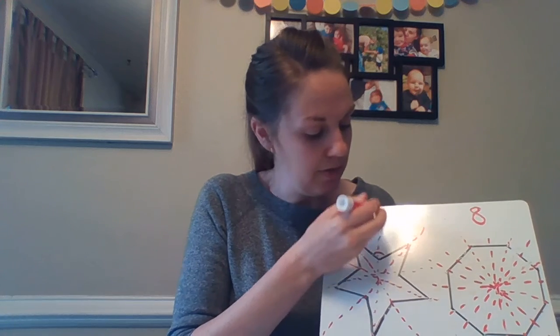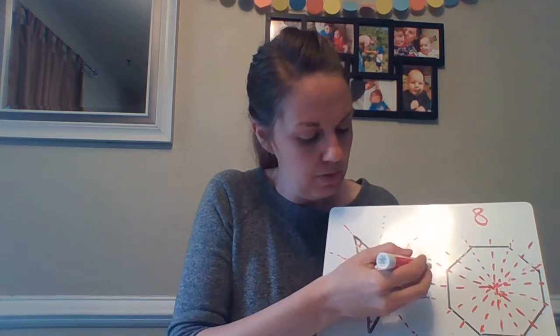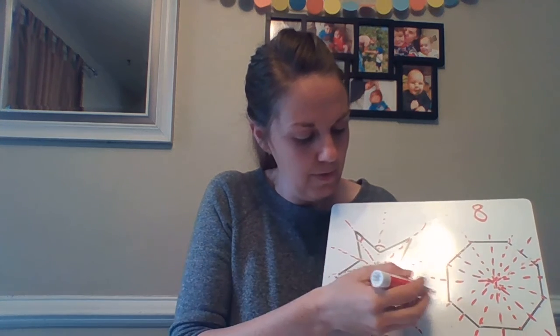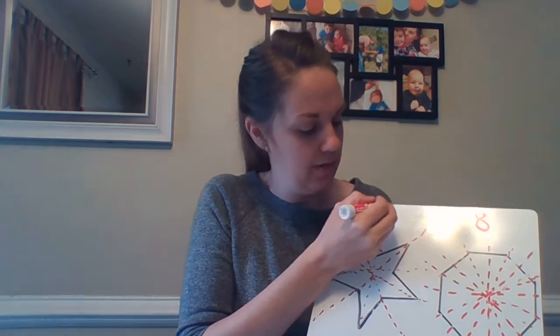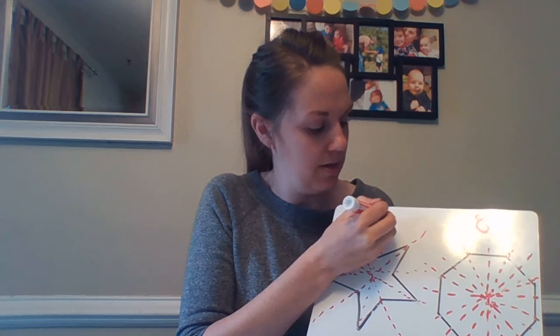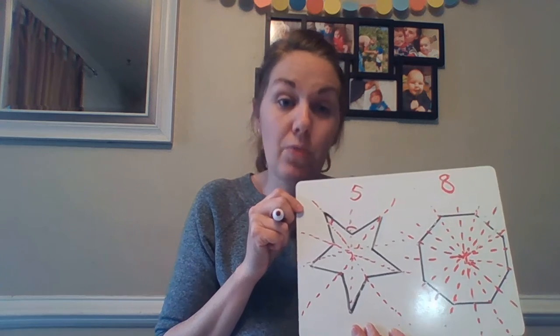In this case, it only has 1, 2, 3, 4, 5 lines of symmetry before I'm back where I started. So which one would have the greater lines of symmetry? The first octagon would.